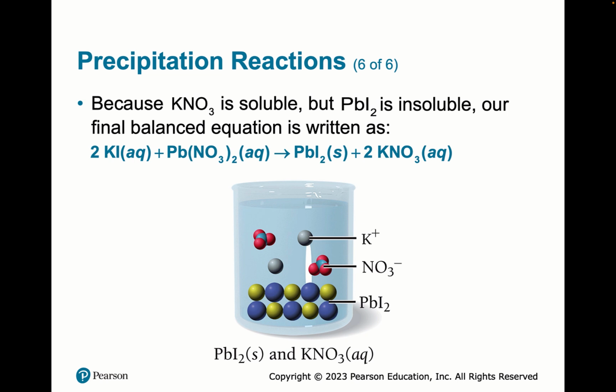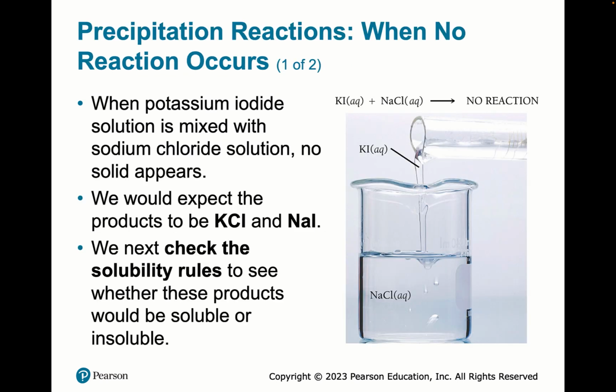Potassium iodide and lead nitrate are aqueous. The lead iodide is a solid, and the potassium nitrate is aqueous. The potassium ions and the nitrate ions just kind of float around and do nothing. We call them spectator ions, and we'll learn about those later. But the lead and the iodide are the only ones doing anything. They're the ones actually doing the work in this, so we'll talk about this in a little bit.